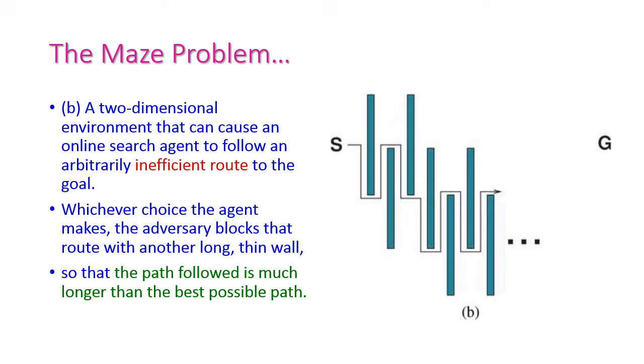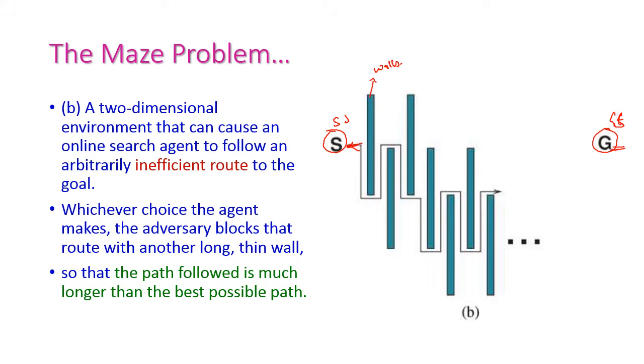And this is another diagram. Here this is the starting state and this is the goal state. From this starting state to the goal state, there are n number of thin and long walls. Hence, it is very difficult for this online agent to find the best route from the starting state to the goal state.